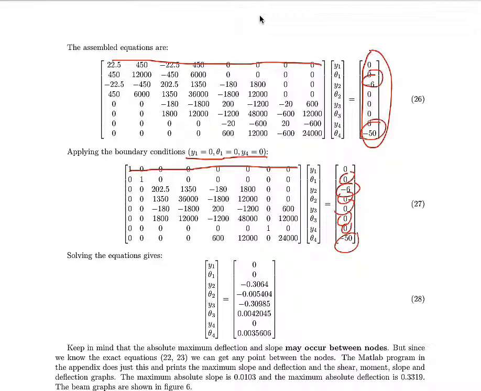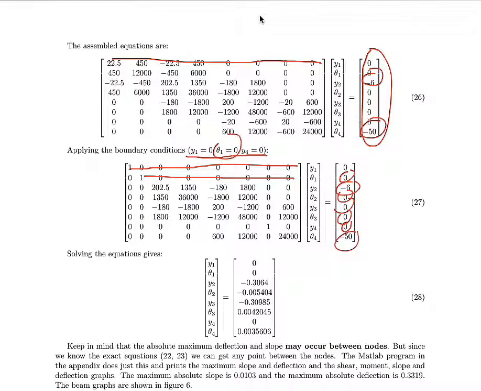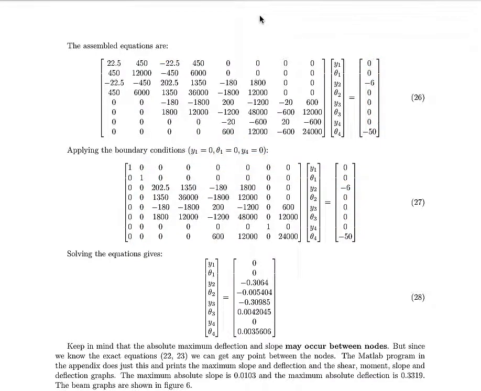And then the same thing with theta1 equals 0. You can see here I have the entire row, I have a 1 here, and then the entire row is zeros, and the entire column is zeros. And again, because it's 0, there's no modification. So in other words, if you have only 0 boundary conditions, then it will be easy because you don't modify the force vector.